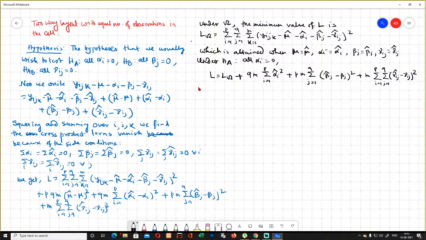This is again obviously minimized by the values mu equal to mu hat, beta j equal to beta j hat, gamma ij equal to gamma ij hat.